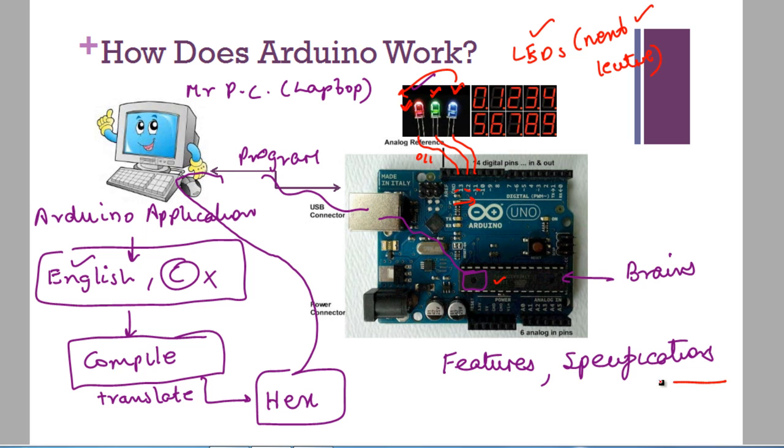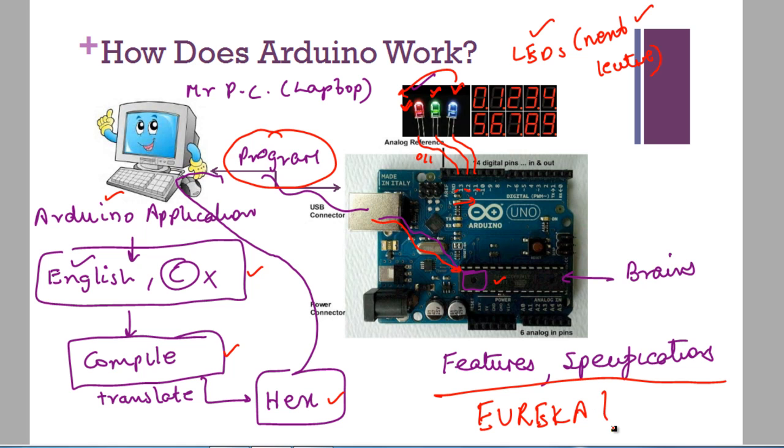Again, that would depend on the features and specifications of your program. So to summarize this step again, first I would start the Arduino application, then write the program, then compile or translate, generate the hex file, program my board, and then watch.